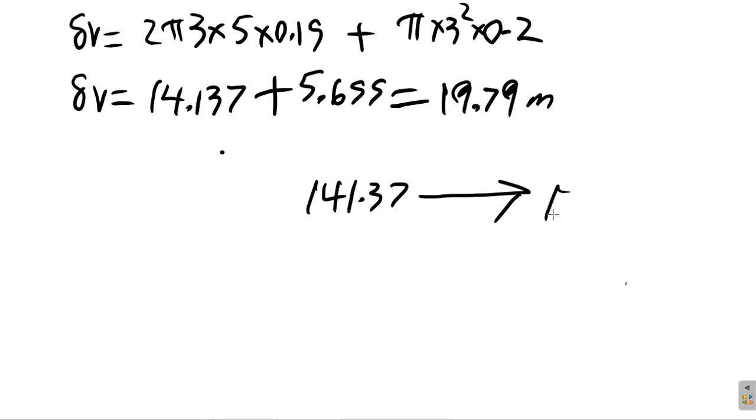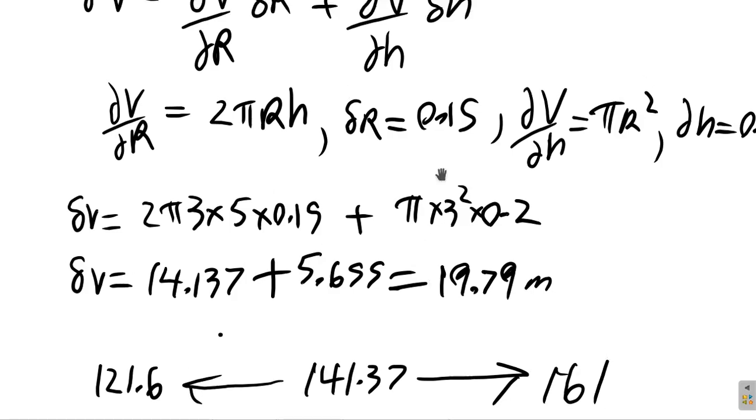And if you subtract, 141.37 minus 19.79 equals 121.58, call it 121.6.